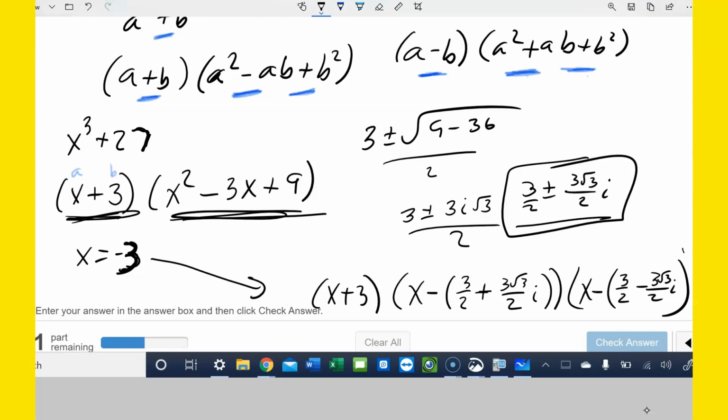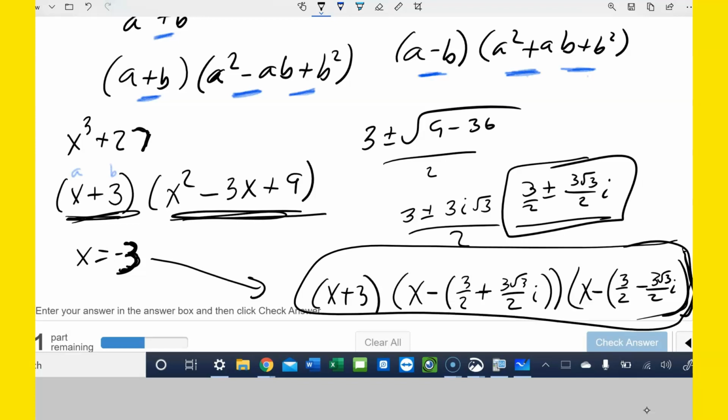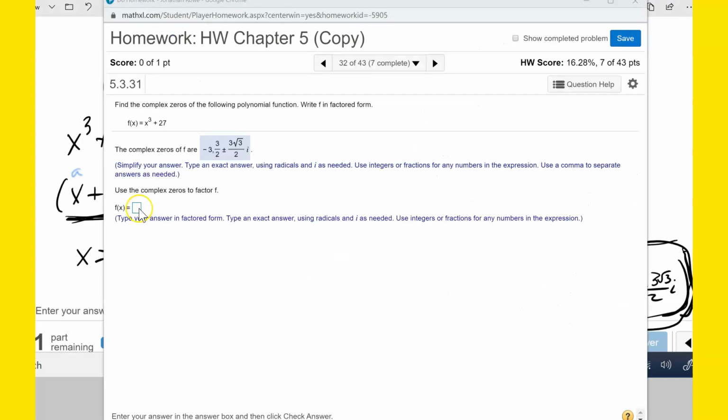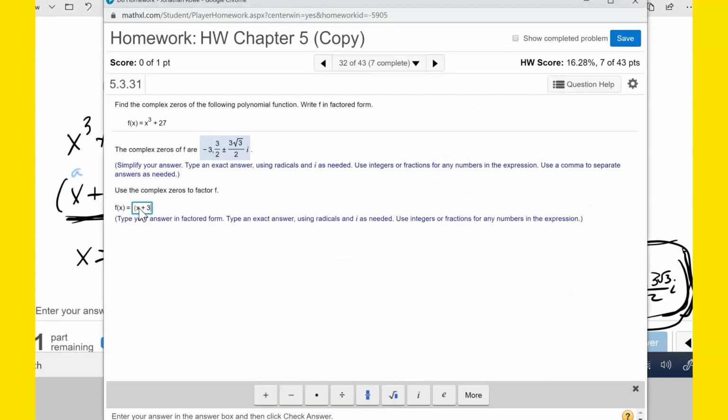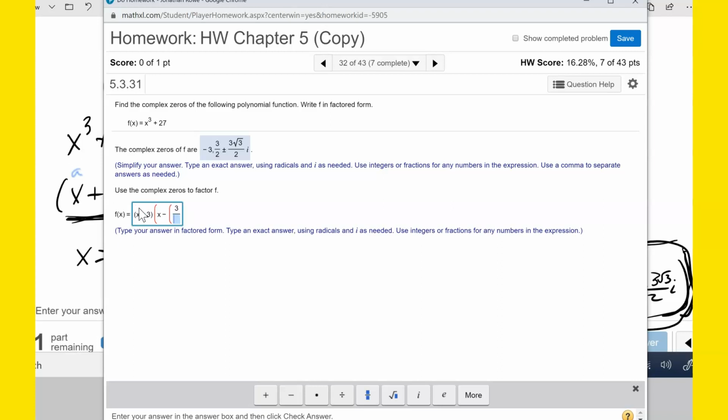If I type it in just like this, it should say that that's right. I'm going to type it in and show you. All right, x plus 3, and then x minus 3/2 plus 3 root 3 over 2i.